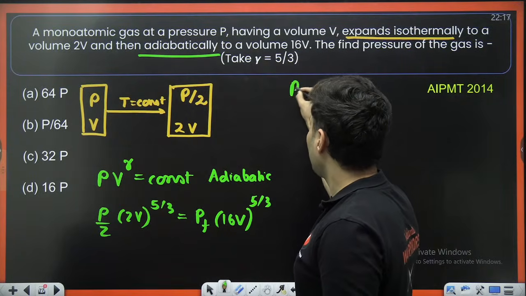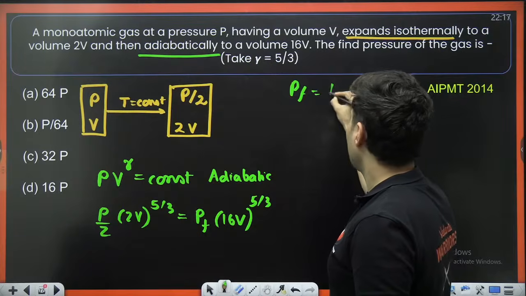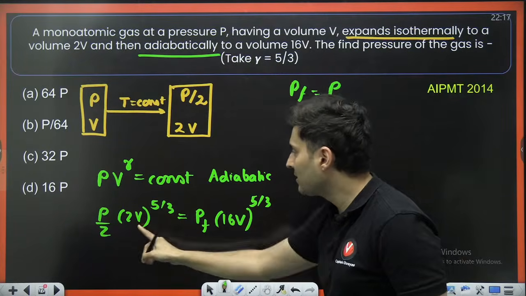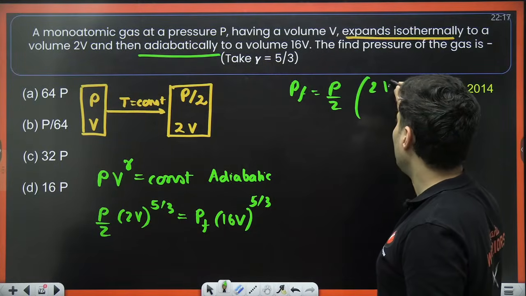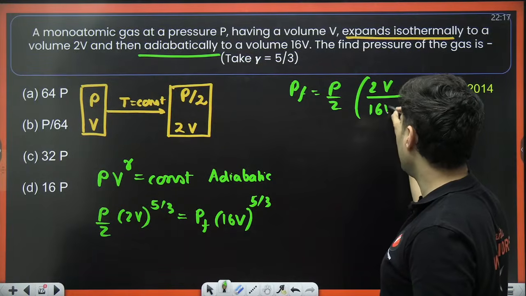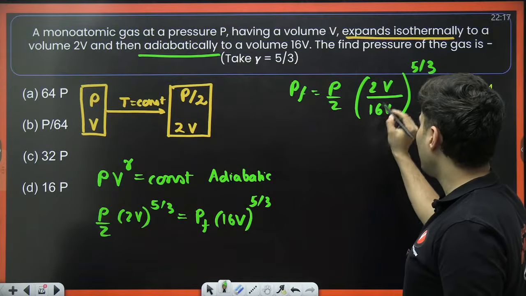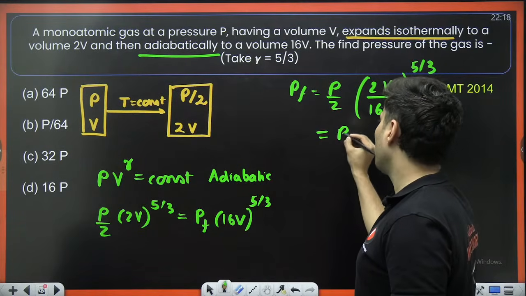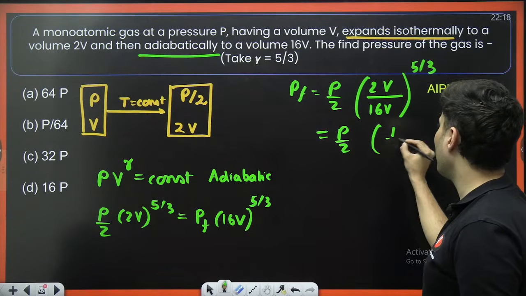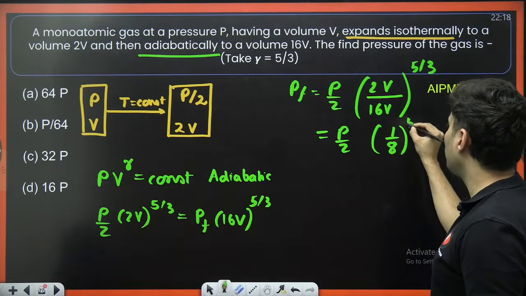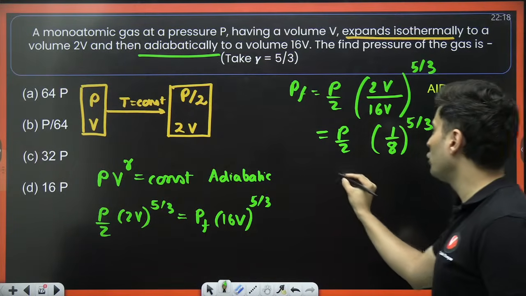So now the final pressure will be P by 2. Bring this here. So it will become 2V divided by 16V whole raised to 5 by 3. 2 and 16 give 1 by 8, and V and V also cancel. So P by 2 into 1 by 8 raised to 5 by 3. First take the cube root.